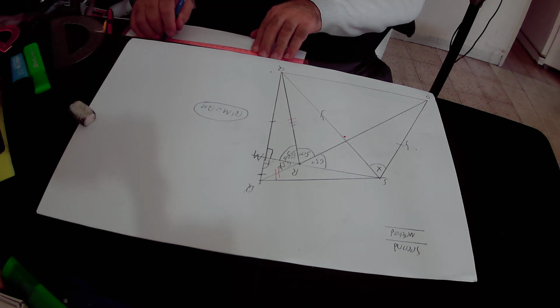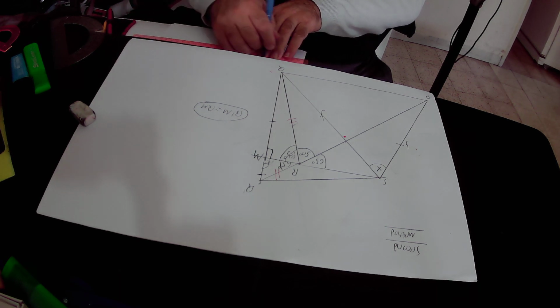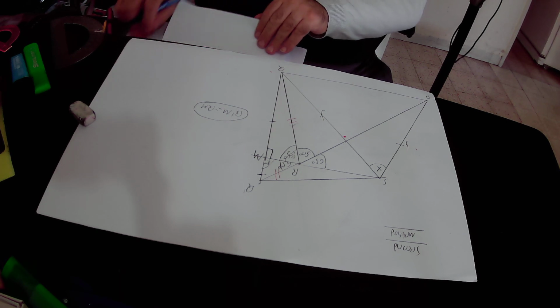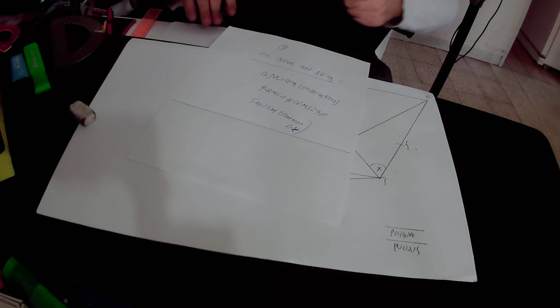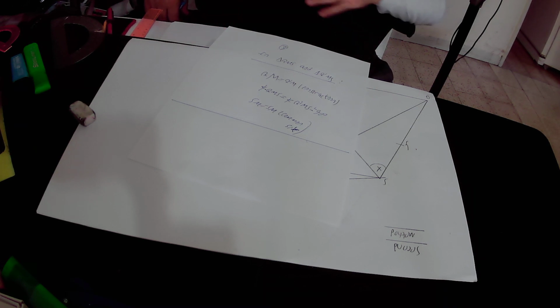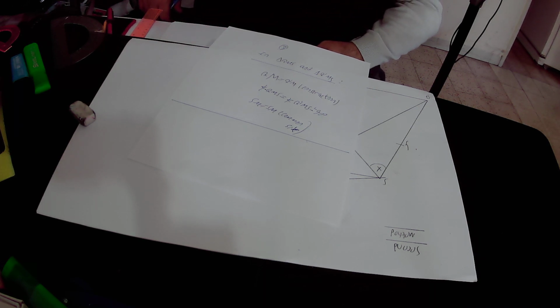So we can write down that SM equals SM as a common side. So we actually proved the triangle SMR is congruent to the right triangle Q'MR according to side angle side rule.